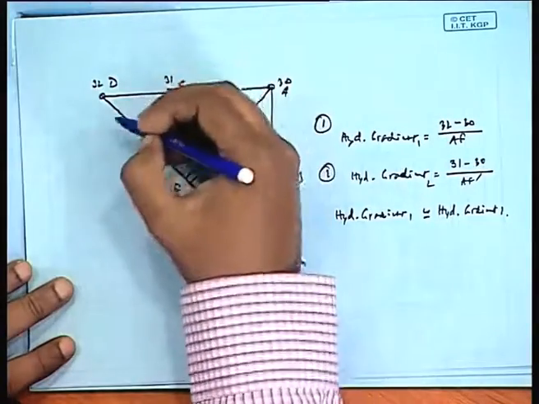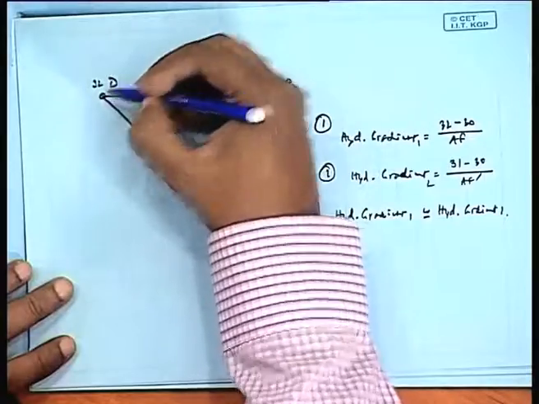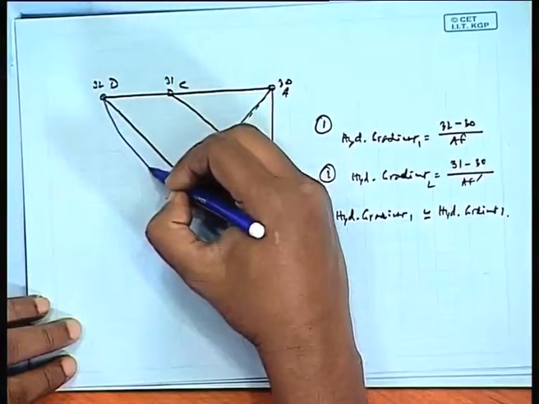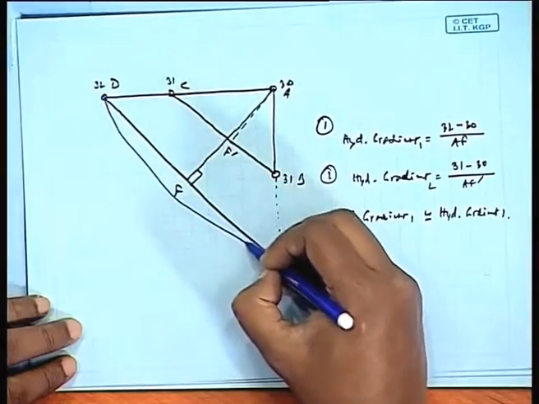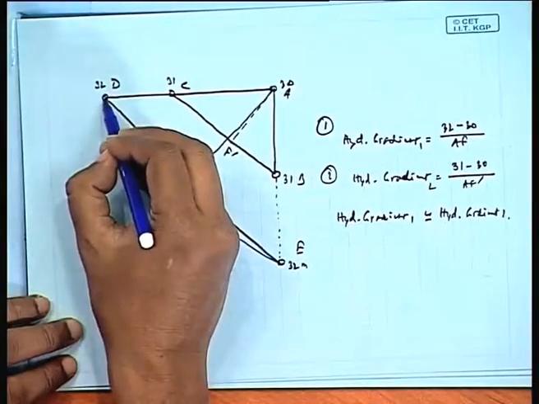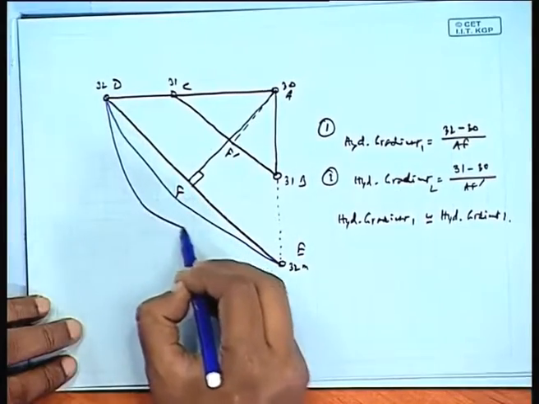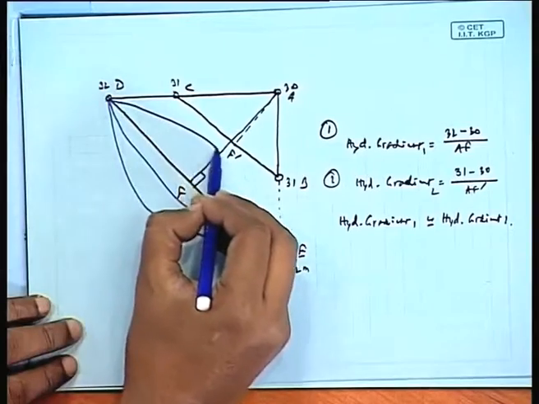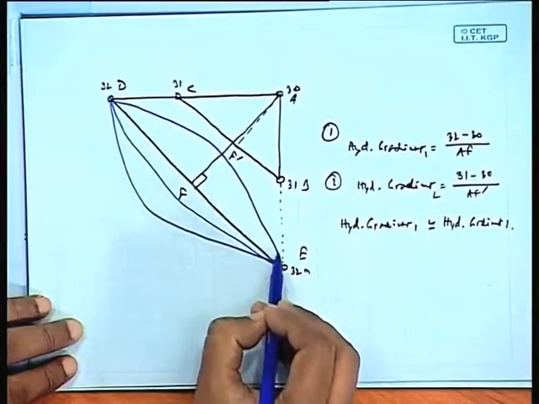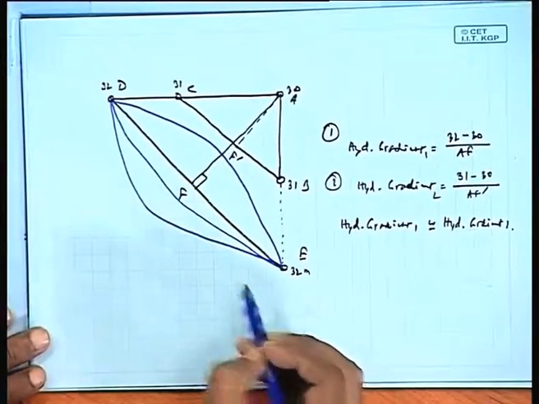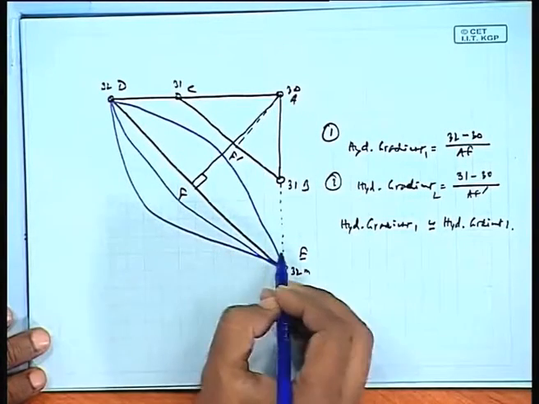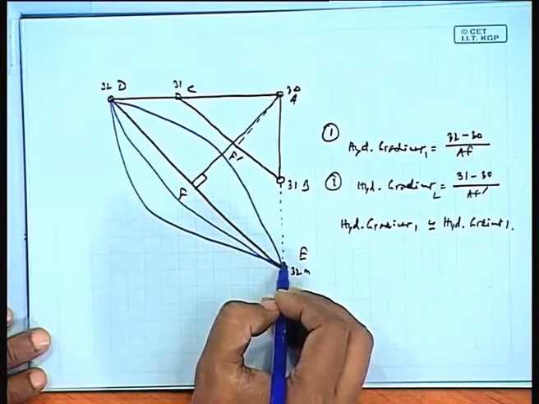But in such cases also, the approximation is, even if the equipotential line may be like this, or like this, or like this as well, it generally gives us somewhat closer results. So the equipotential line is not necessarily a straight line.